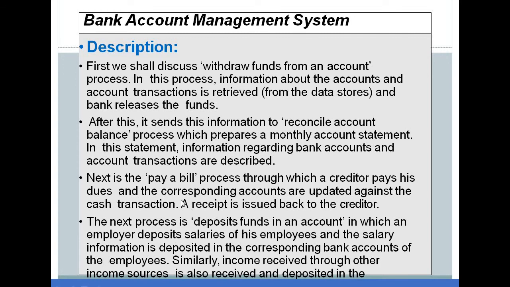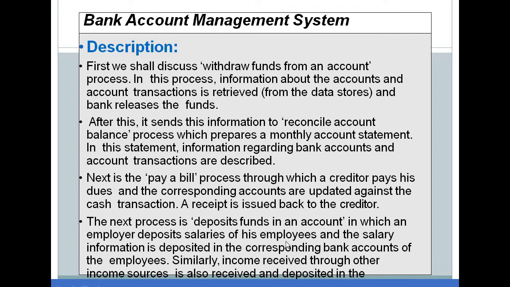Now, next is pay a bill. Pay a bill is a process through which a creditor pays his dues and the corresponding accounts are updated against the cash transactions. A receipt is issued back to the creditor. In the next step, deposit funds in an account, an employer deposits salaries of his employees, and the salary information is deposited in the corresponding bank accounts of the employees.